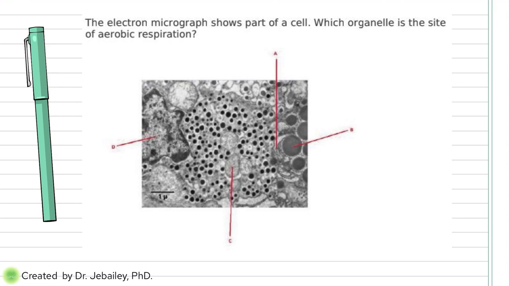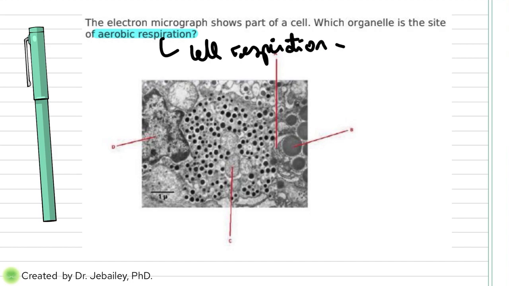So in here, we can see in this cell that there has to be some kind of organelle that does the whole aerobic respiration. So first, learn the function. What is aerobic respiration? Aerobic respiration is the same thing as cell respiration.